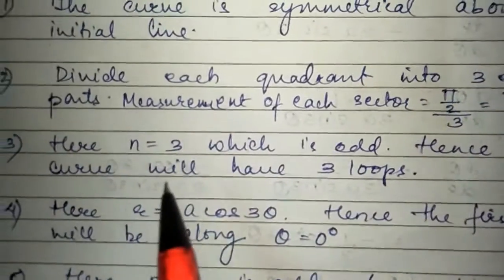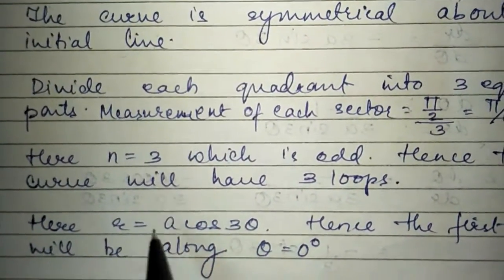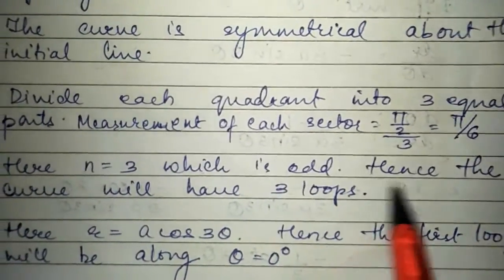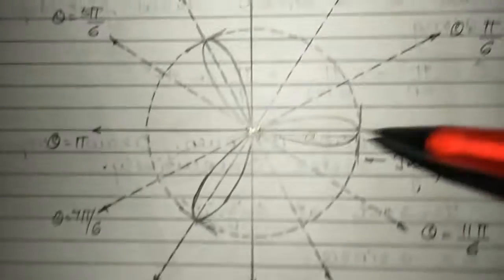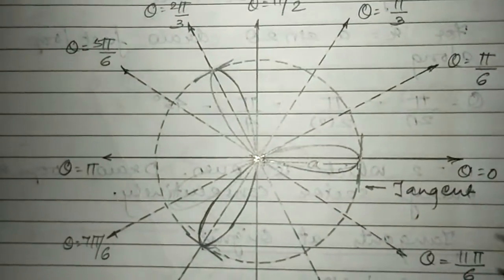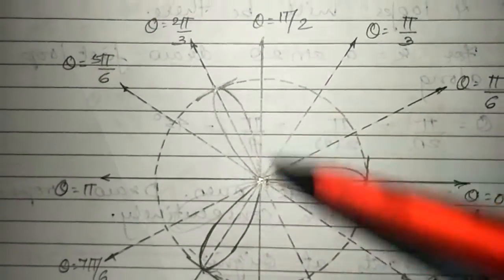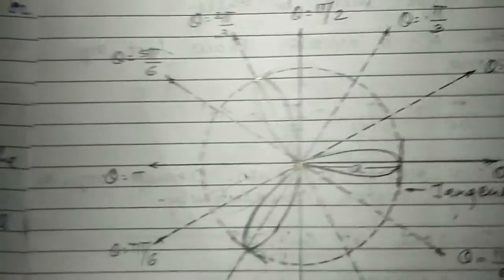Then we have n is equal to 3, which is odd, we have seen, hence the curve will have 3 loops. Okay, we are having total 3 loops for the curve. This is the first loop, this is the second loop, and this is the third loop.